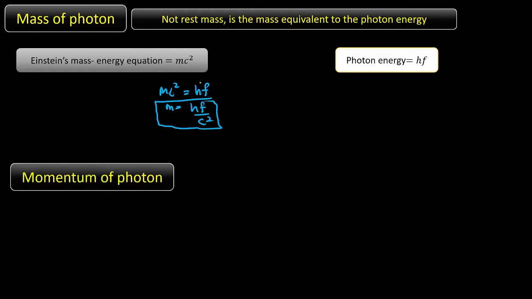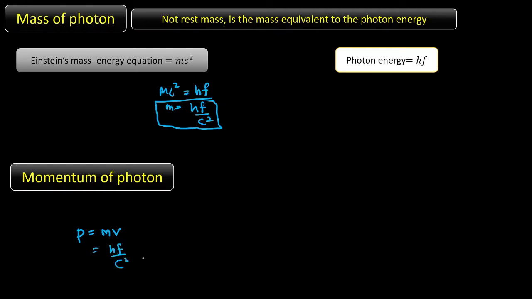Okay, then how do you get the momentum of a photon? From the mass of a photon, you know that p, the momentum, is mass times velocity. The mass of a photon is hf per c squared.